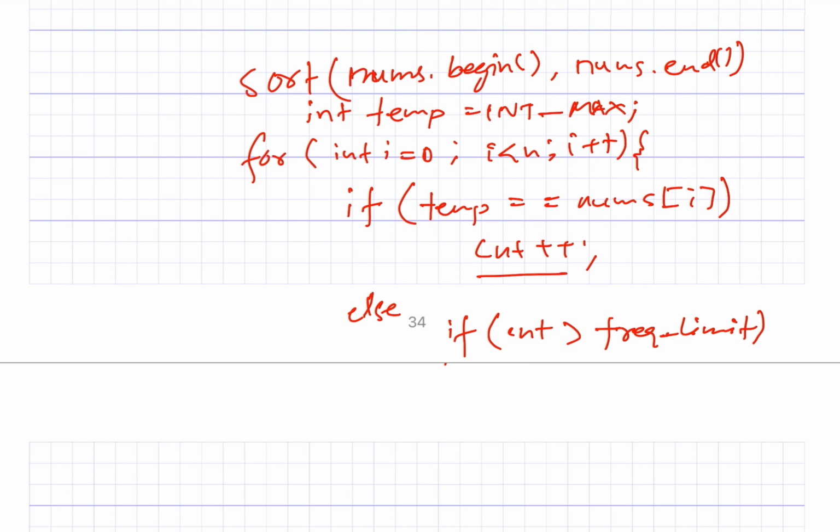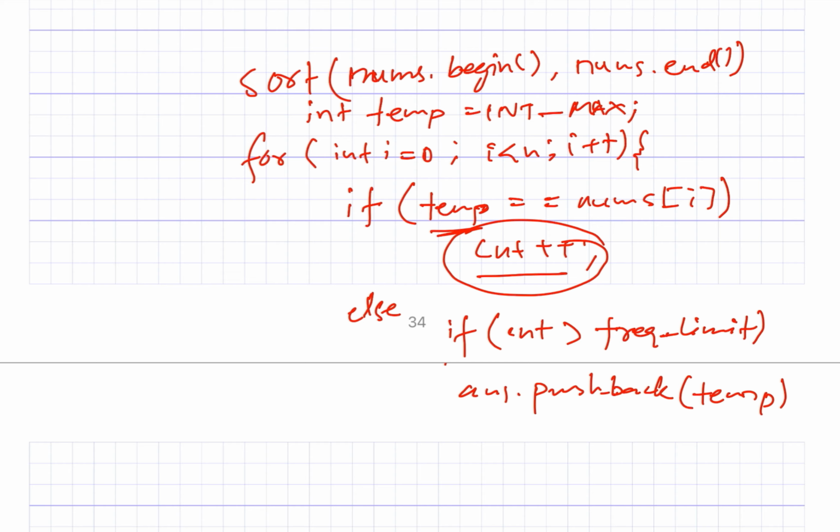If it is true, then we will do answer dot push back into our array. What we will push back? We will push back the temp, because we have stored the temp, and the count for temp is what we are checking.